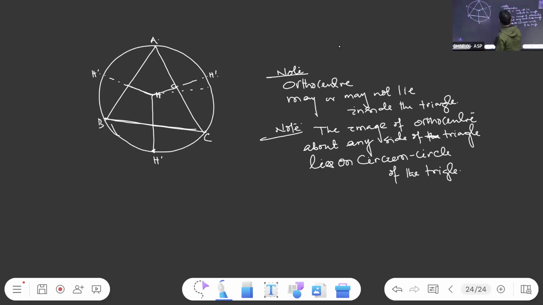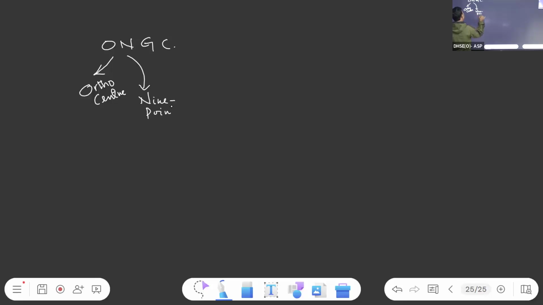Then write down a very important formula, ONGC formula. ONGC, Oil and Natural Gas Corporation of India. O stands for orthocenter, N for 9-point center, G for centroid, C for circumcenter.